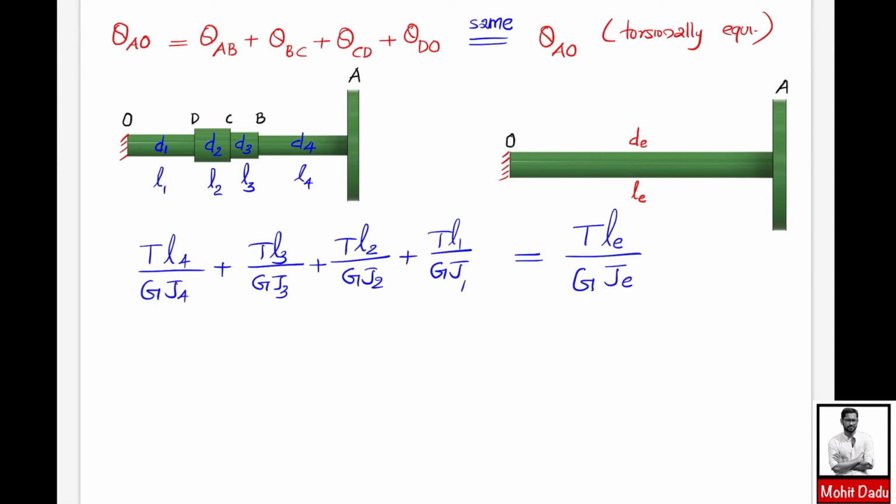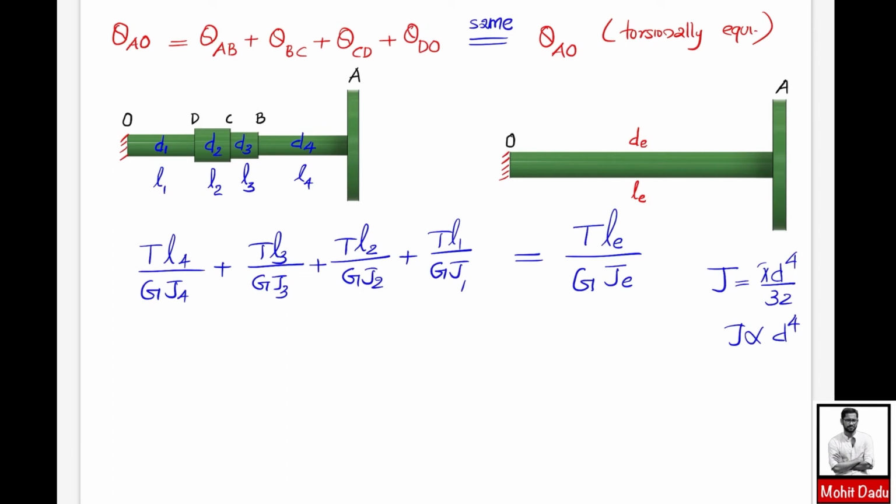You know that J is equal to pi d raised to 4 by 32. That is the general expression. That means J is proportional to d raised to 4. If it is J4, it is D4 raised to 4, and similarly for D1, it is D1 raised to 4. The torque applied is the same for all parts of the shaft and the torsionally equivalent shaft, and G is the material property which is also the same.